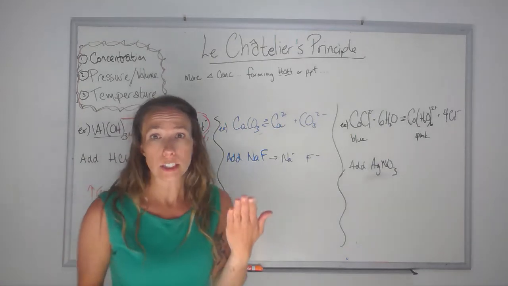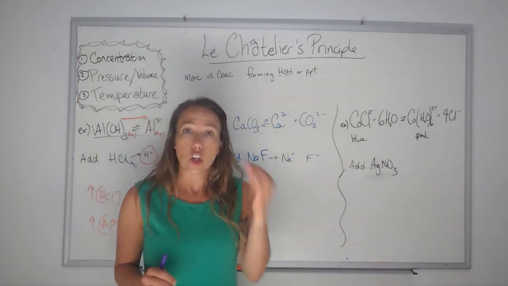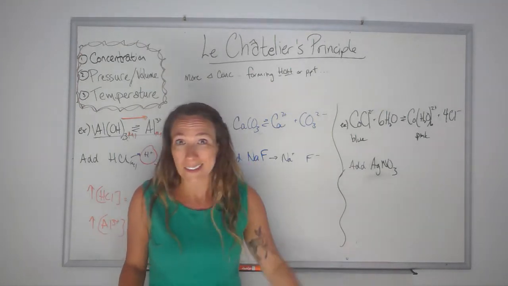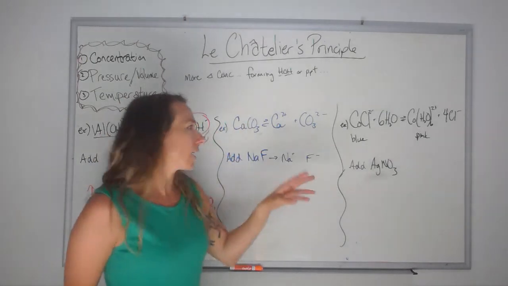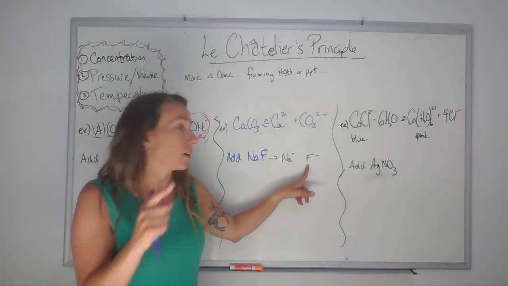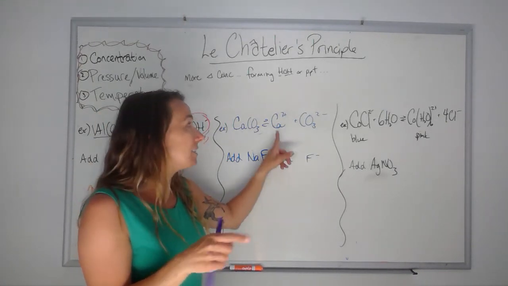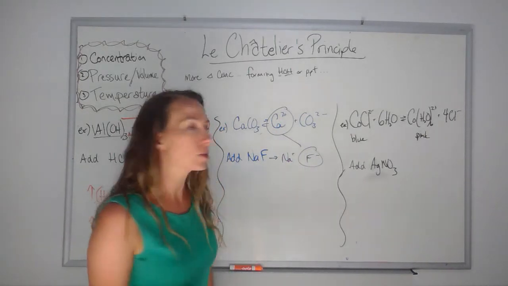So you need to go to your data booklet, I don't know where my data booklet is, and look up the solubility table from Science 10, and you have to see if this is soluble. So you look at the negative ions. I have this negative ion and I have this negative ion. I follow the negative ions. If you find the F- at the top column and you look down below, it says that your 2+ group 2 ions are going to form a precipitate.